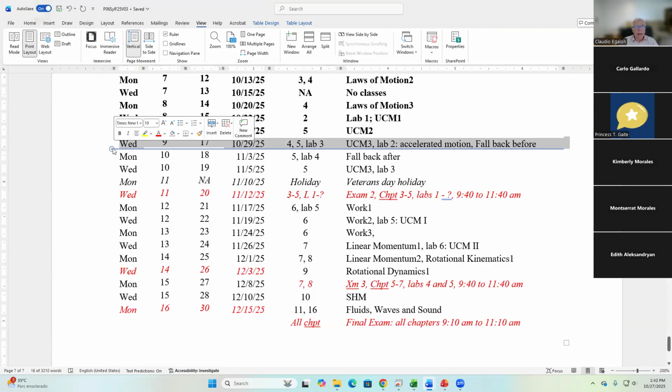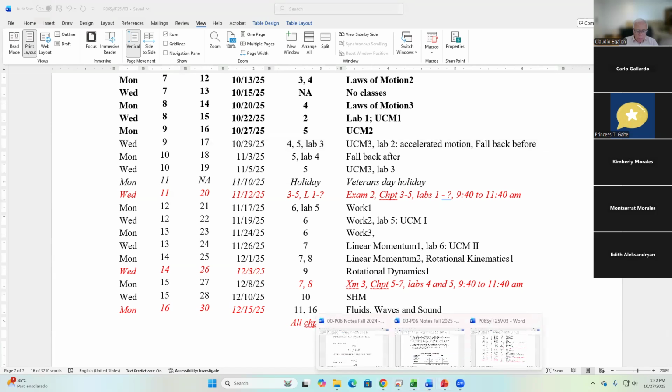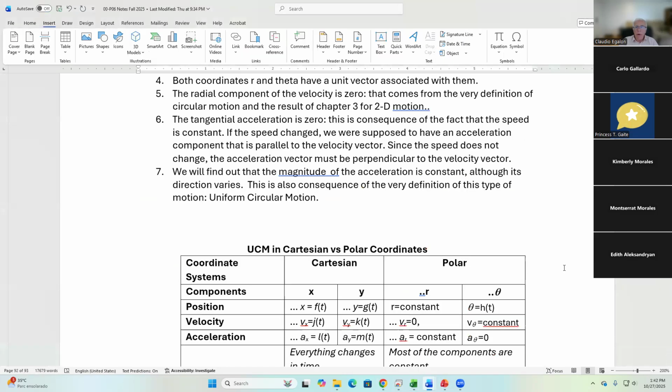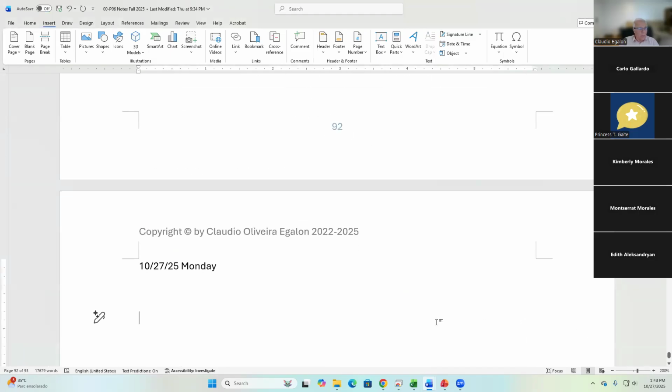Let's not forget the report for lab number 1 was due last Friday, right? Let's write that down, just as a reminder. Report for lab 1 was due last Friday, October 24.